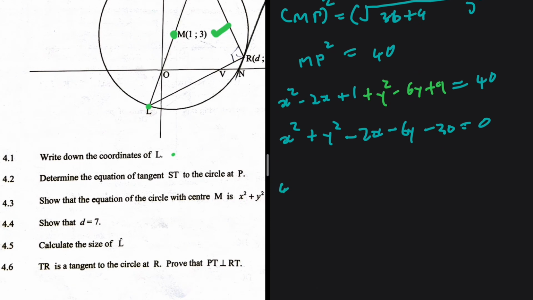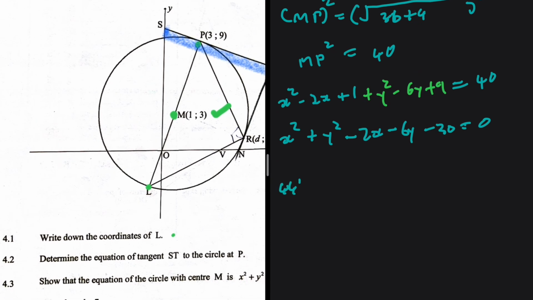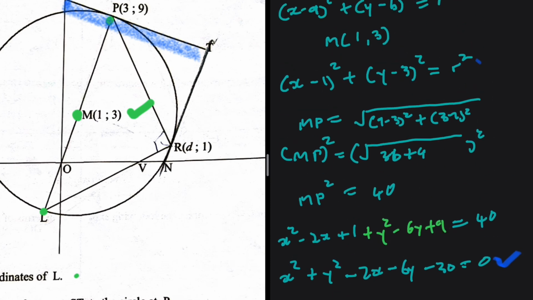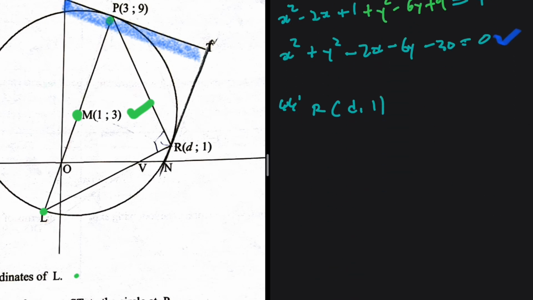And then now in 4.4, we are supposed to show that D equals 7. So D is the x coordinate of R, where the y coordinate is 1. So we can substitute R into this equation in that form, or we can substitute R there. I think it's better if we substitute it here, right? So we have x minus 1 squared plus y minus 3 squared equals 40. x is what you're looking for.